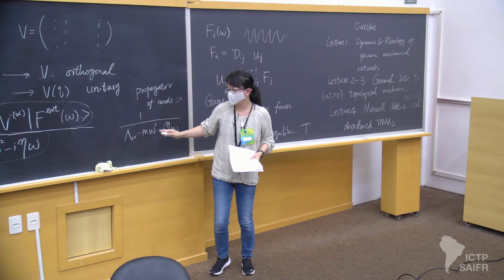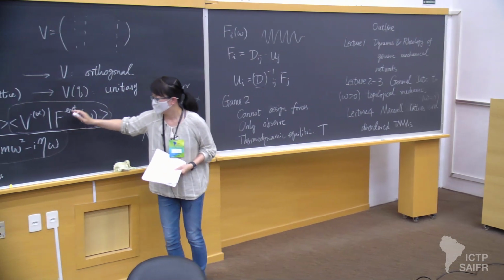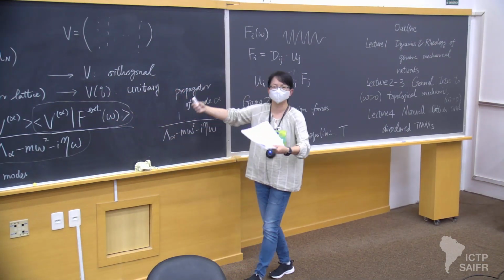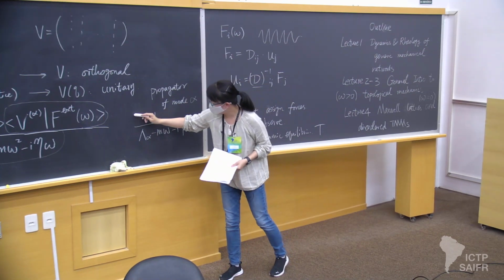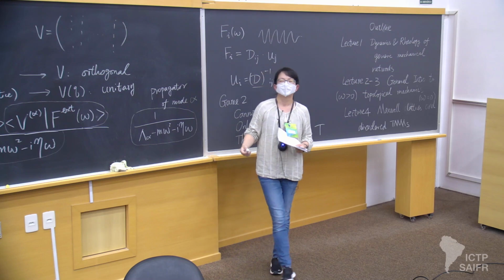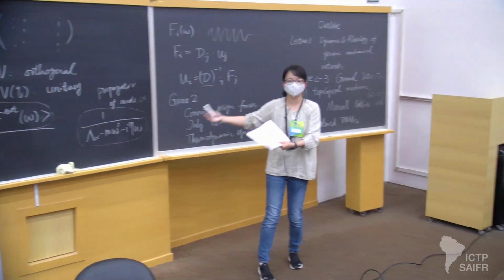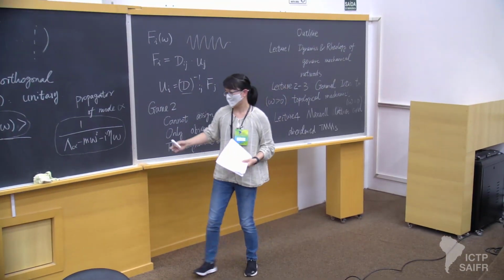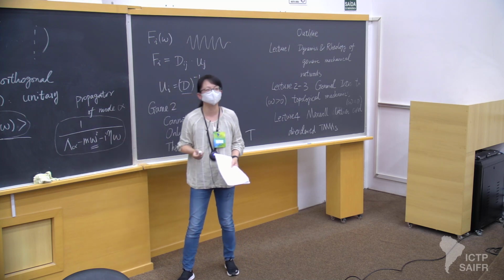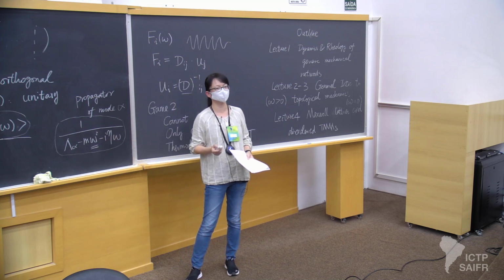Okay? So what it tells you is that this is the amplitude of how much that external force projected to a mode. And this is going to be how sensitive the system is, how sensitive that mode is with this particular frequency of perturbation.